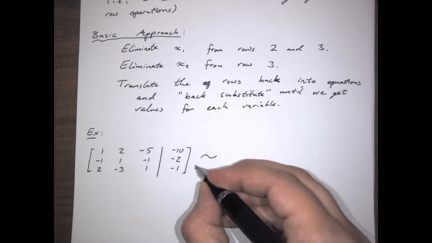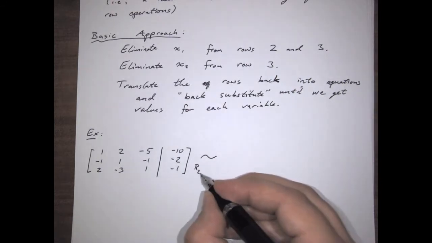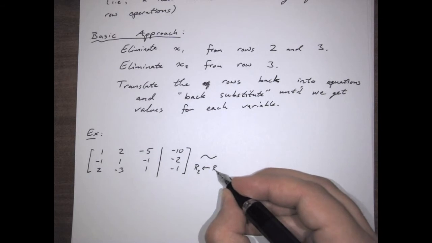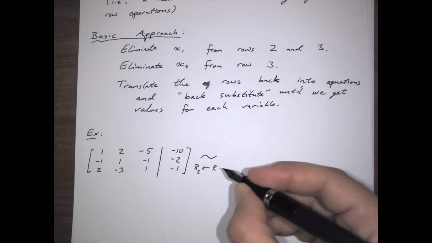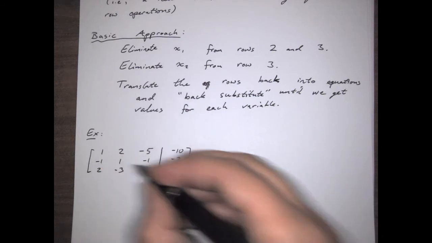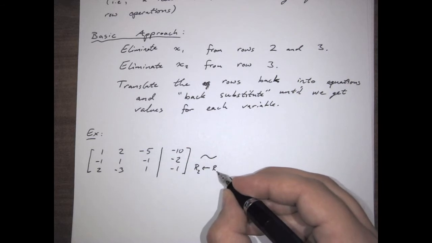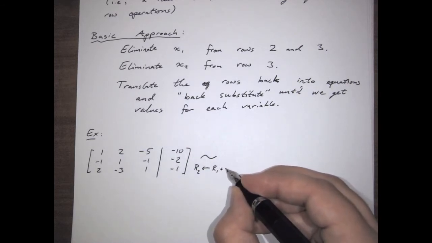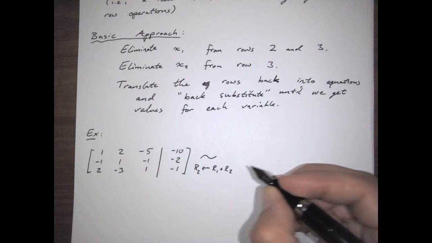It's clear that the new row 2 will be 1 times row 1 plus old row 2.